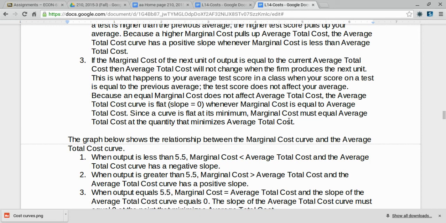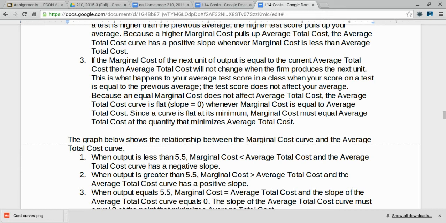If the marginal cost of the next unit of output is equal to the current average total cost, then the average total cost will not change when the firm produces the next unit. This is what happens when your average test score in a class equals the score on the next test. The test score does not affect your average because an equal marginal cost does not affect average total cost.